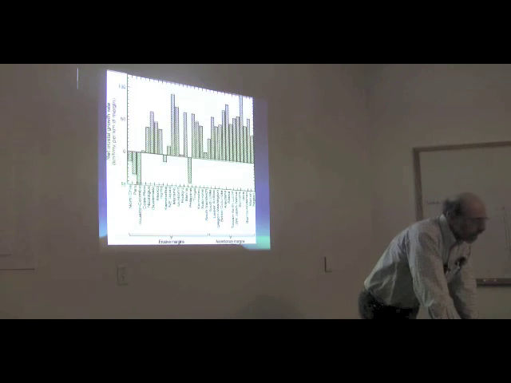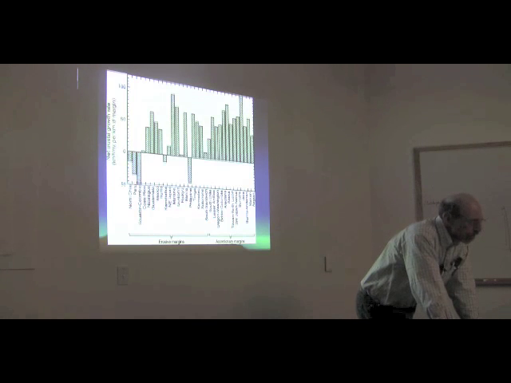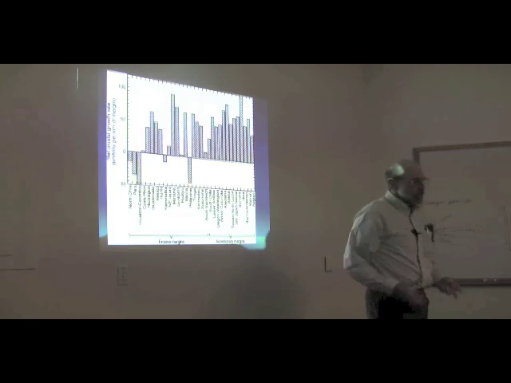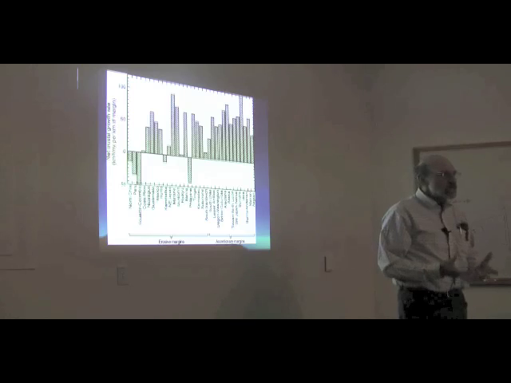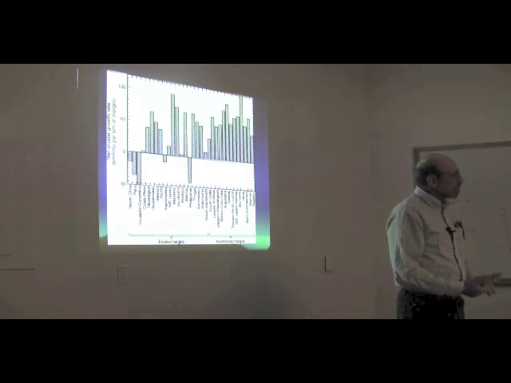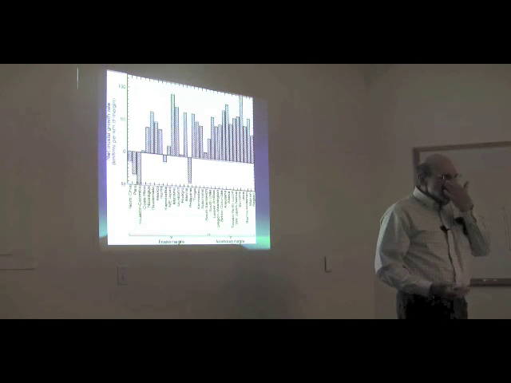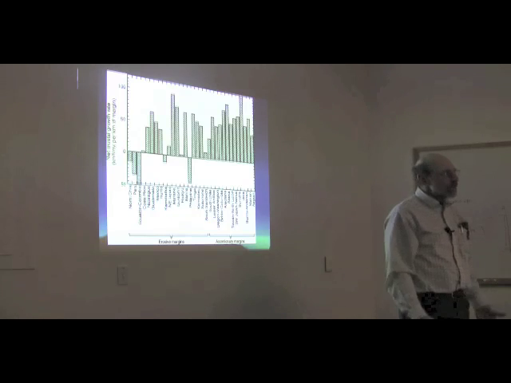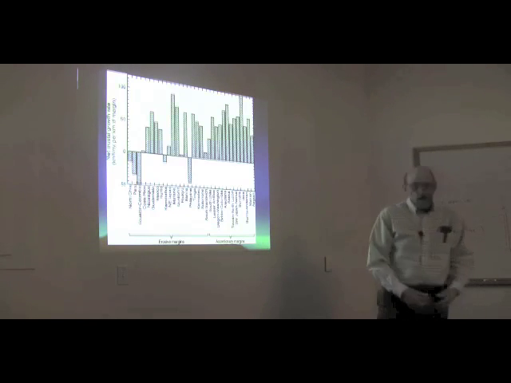Okay, so getting back to the global picture, almost 60% of subduction zones are erosional. So on that basis, you might think that the continents should be disappearing pretty rapidly.